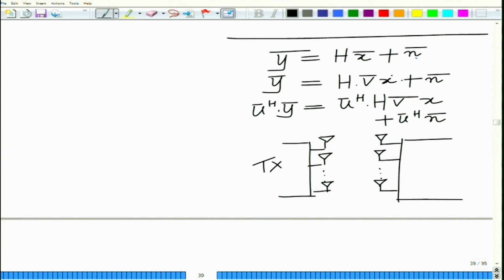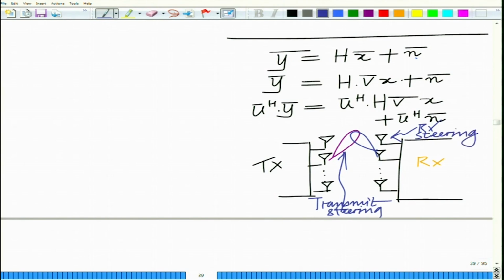So, you have the transmitter and the receiver. You are transmitting from the transmitter in a particular direction. At the receiver, you are also processing the signal, steering the receive antenna array in a particular direction. So, this is your transmit steering. Remember, this is all electronic steering, so you do not need to physically steer, and this is your receive steering.